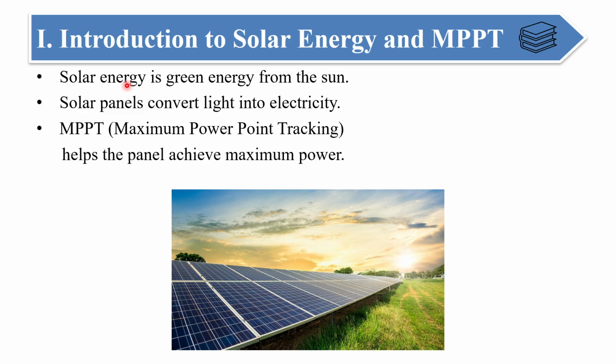Moreover, it's renewable energy, which means it never runs out. A solar panel converts light into electricity, and MPPT, maximum power point tracking, as the name suggests, will track the maximum power point.